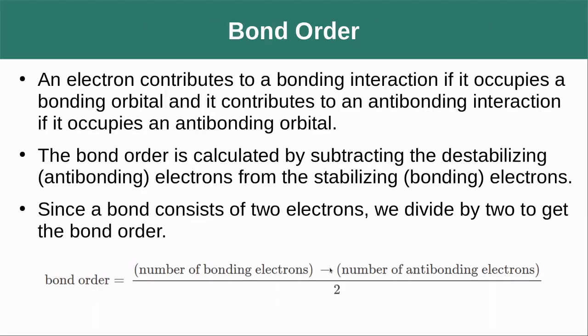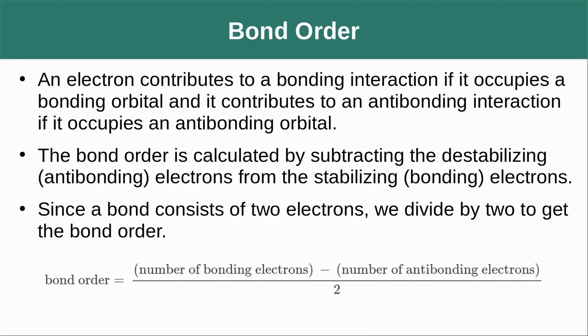Bond orders. An electron contributes to a bonding interaction if it occupies a bonding orbital, and it contributes to an antibonding interaction if it occupies an antibonding orbital. The bond order is calculated by subtracting the destabilizing antibonding electrons from the stabilizing bonding electrons.